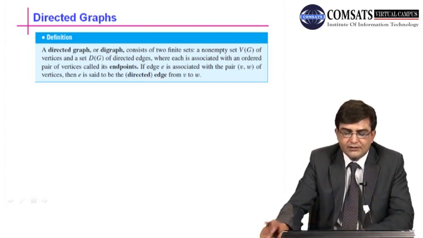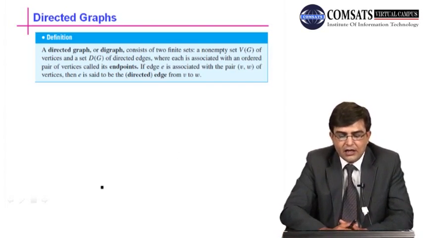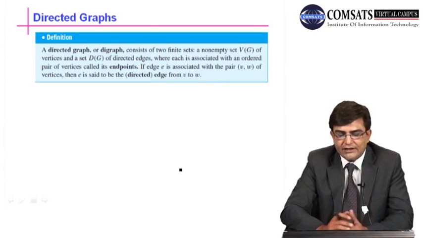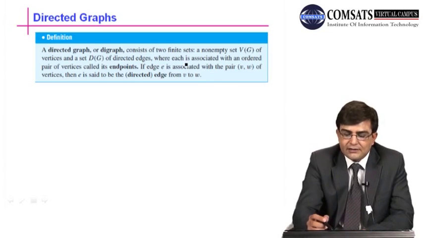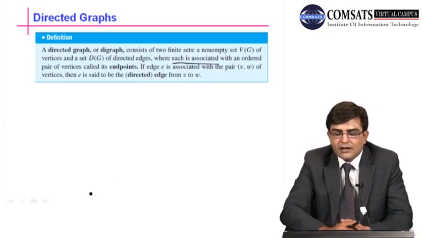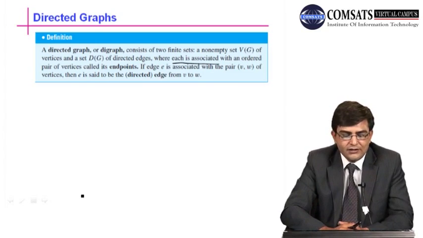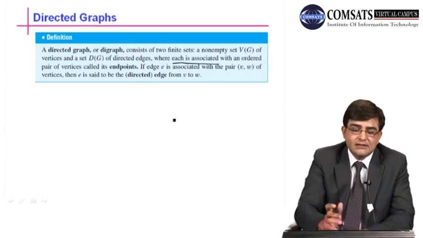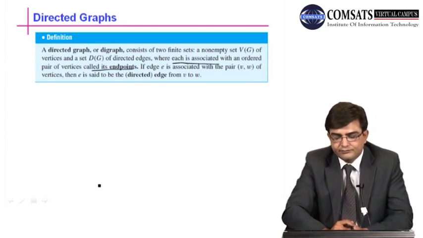In the previous definition of graph, we have not mentioned the direction of the edges, but in directed graphs the edges also have directions, where each directed edge is associated with an ordered pair of vertices called its endpoints.